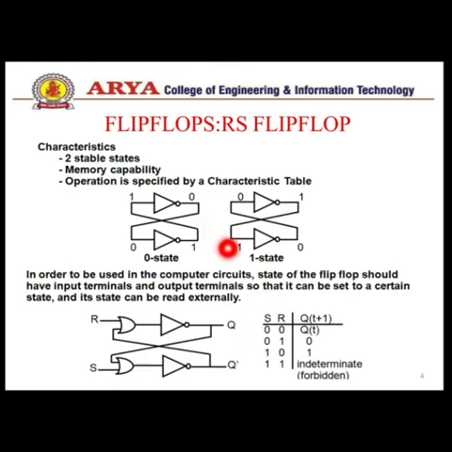It has memory capability, because it stores one bit of data. That is why it is called memory capability. The operation is specified by a characteristic table, which we will discuss later in this video. This is the basic working of the flip-flop.